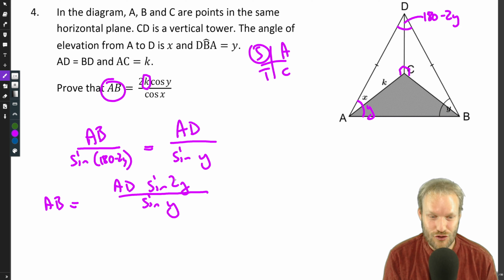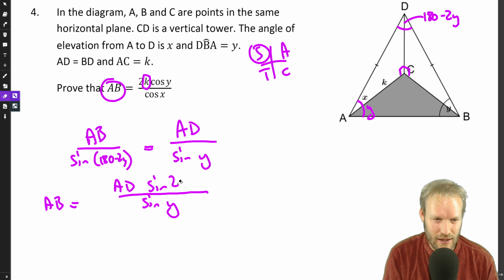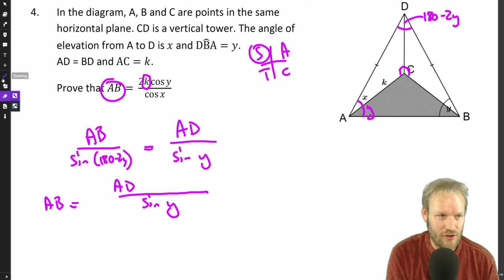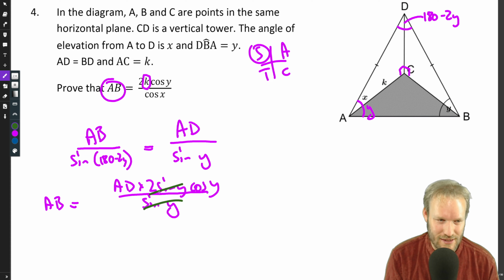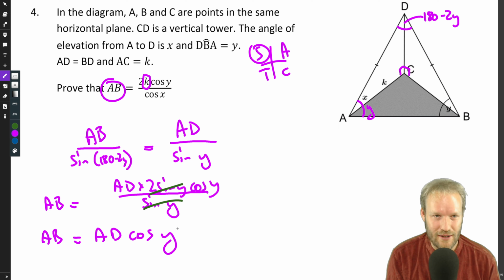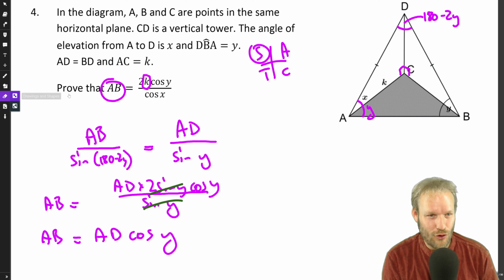And sine 2y, well, we can just use our double angle formula and write it as 2 sine y cos y. Because, lo and behold, those things cancel really nicely. And we did one of these earlier. Go back and watch it if you need to. Equals AD cos y. So it feels like we're almost there, right?